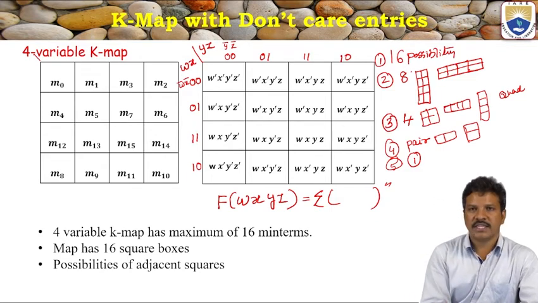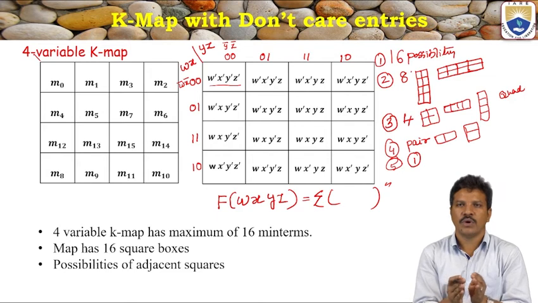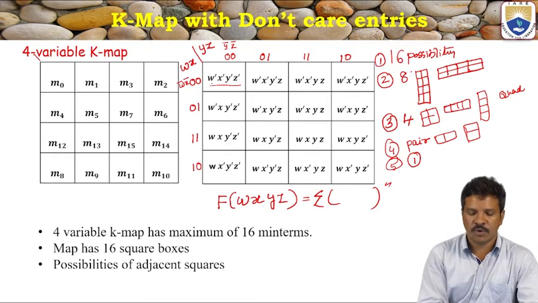So we can see here, what is the first minterm representation in the box? Horizontal first 00 means w bar x bar, and vertically first 00 means y bar z bar, so we concatenate these horizontal and vertical variables, and we get a 4-bit minterm, w bar x bar y bar z bar.